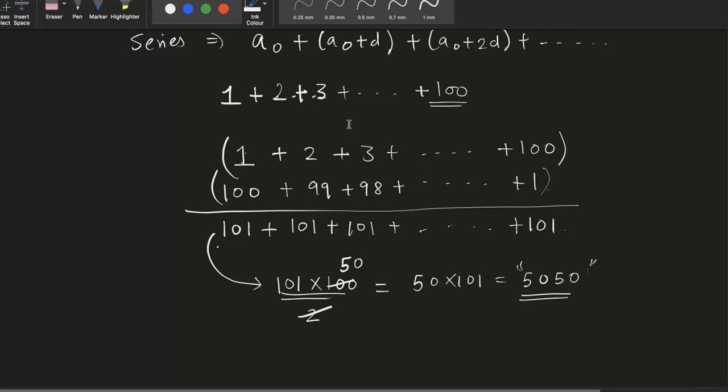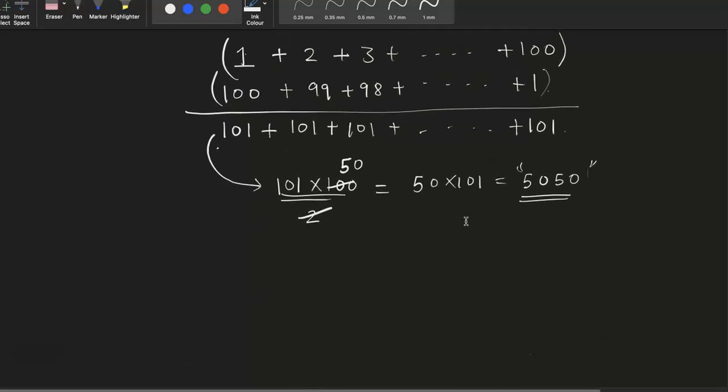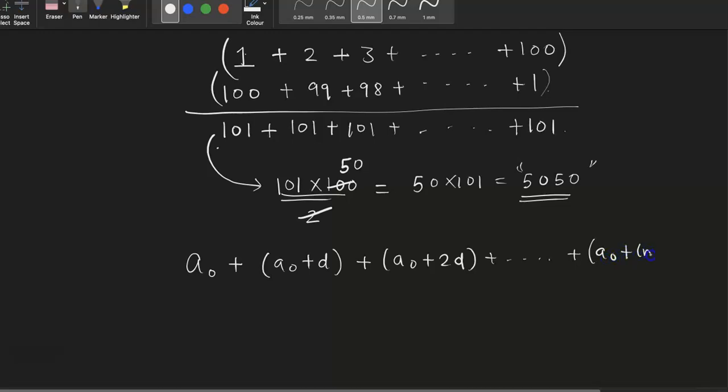In a similar way, we are going to find the sum of a series of n terms. So, arithmetic series. What is the sum of n terms? What we will do here is write in a similar way the terms of the series: a0 plus (a0 plus d) plus (a0 plus 2d) up to a0 plus (n minus 1)d.